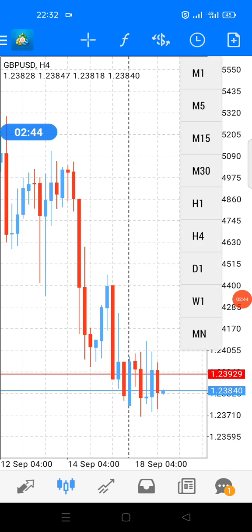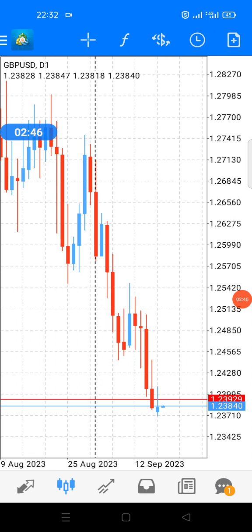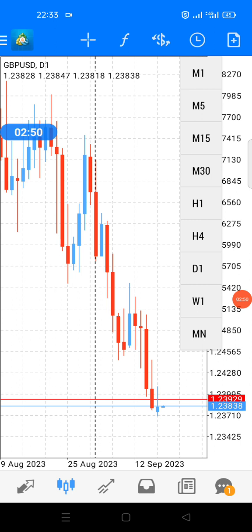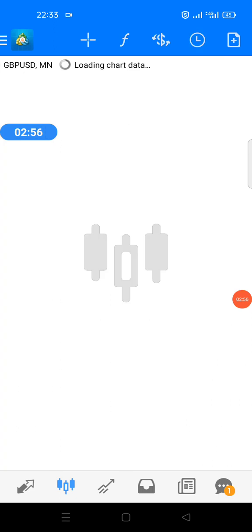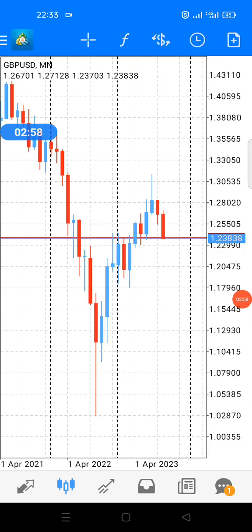D1 means that each of your candlesticks is formed in 1 day. W1 means that each candlestick is formed in 1 week. Then your MN simply tells you that each of your candlesticks is formed in 1 month.